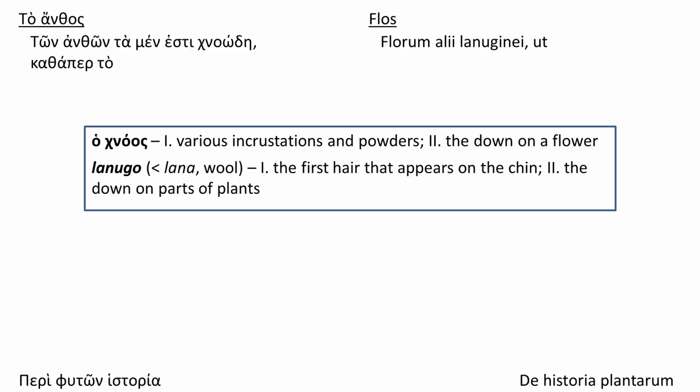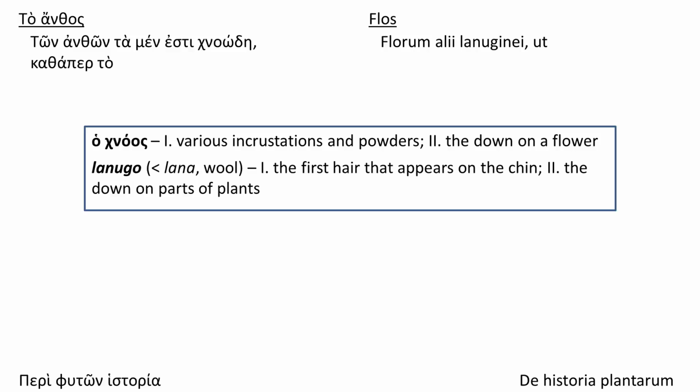Let's start by looking at how Theophrastus classified flowers. First, he isolated into a distinct category those flowers that have a particular surface that is knoodes. Knoodes comes from hoknoos, a particular meaning of which was the down on a flower.